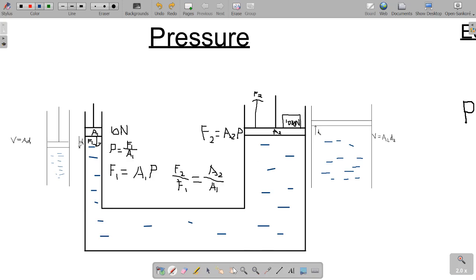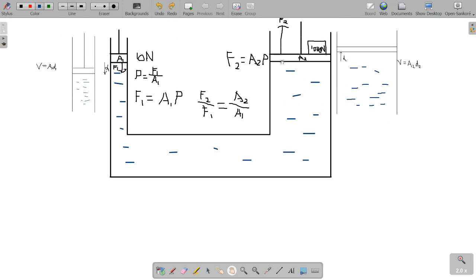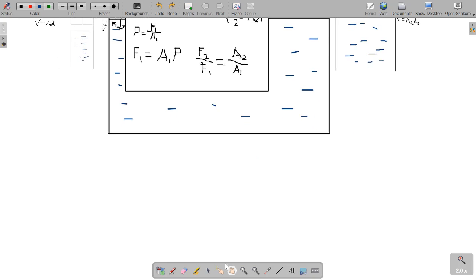Something to note is that although the force you exert here is much larger than the force you exert, because the distance is much smaller on the other side, if you find the work done, the work done will actually be the same.